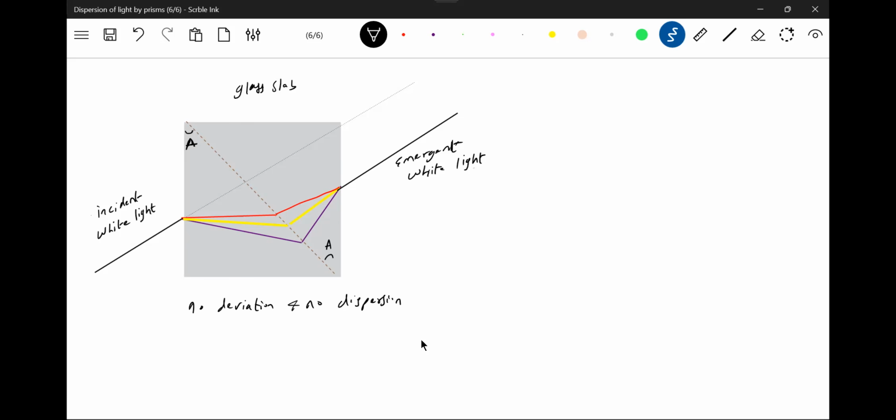Because we can just assume this is like a crown and flint, no? So these two angles will be equal. Therefore the net deviation, net dispersion will be zero, and the emergent light will be parallel to the incident white light. So therefore there's no deviation. These two are parallel. And we don't see any colors. So no dispersion. And the emergent white light is parallel to incident light, so no deviation.